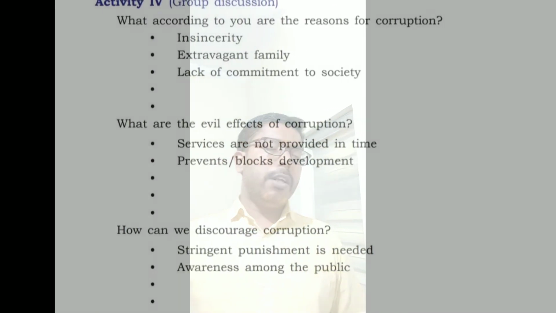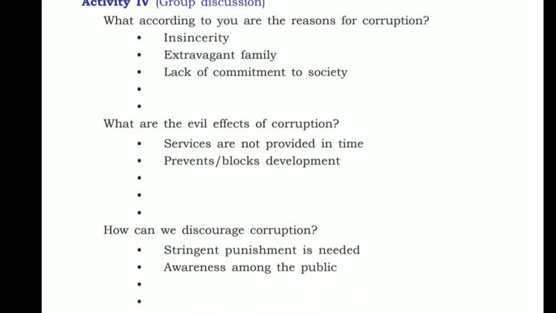Now, once you start speaking about this topic, here you are given some points that will help you to make your views. So here some titles you can read. See what according to you are the reasons for corruption. Here some reasons are given. You just read all these reasons. Then you also have to add some other reasons.